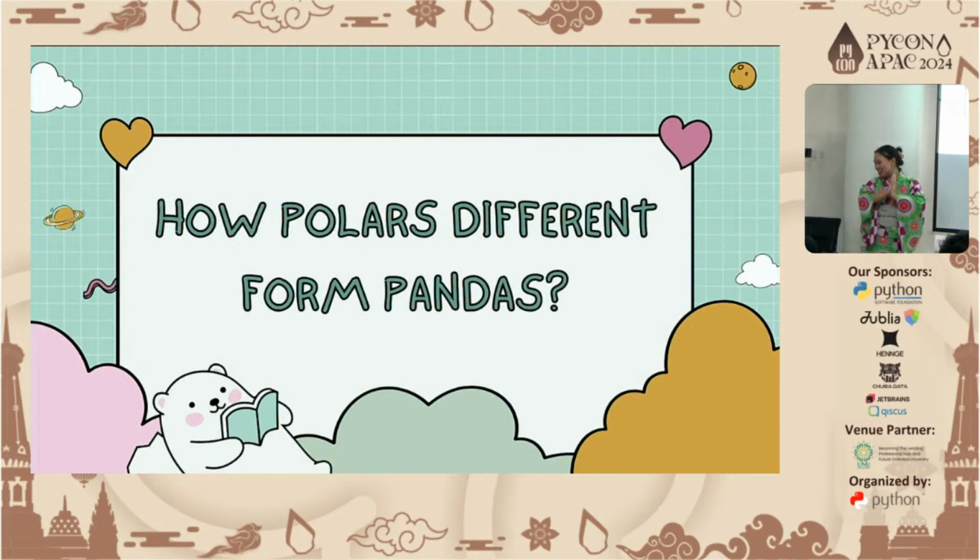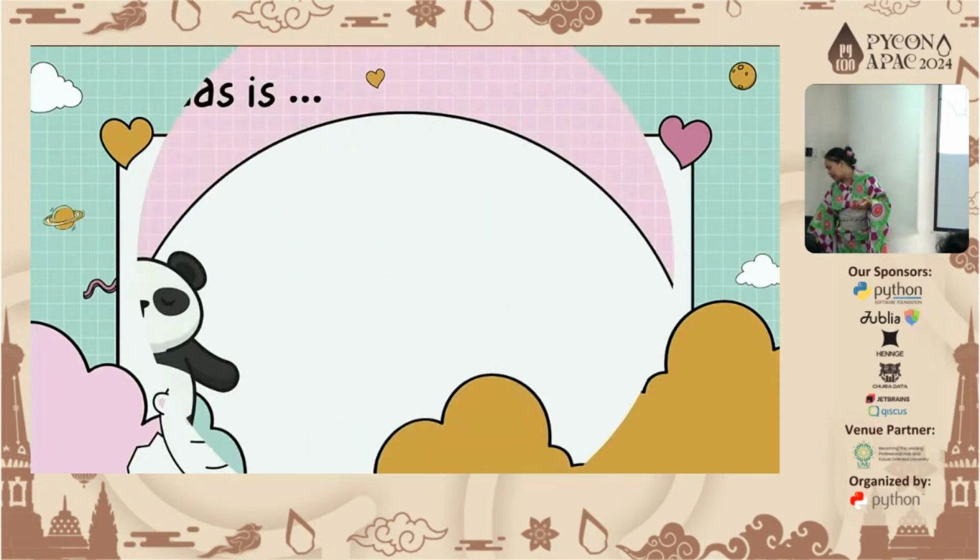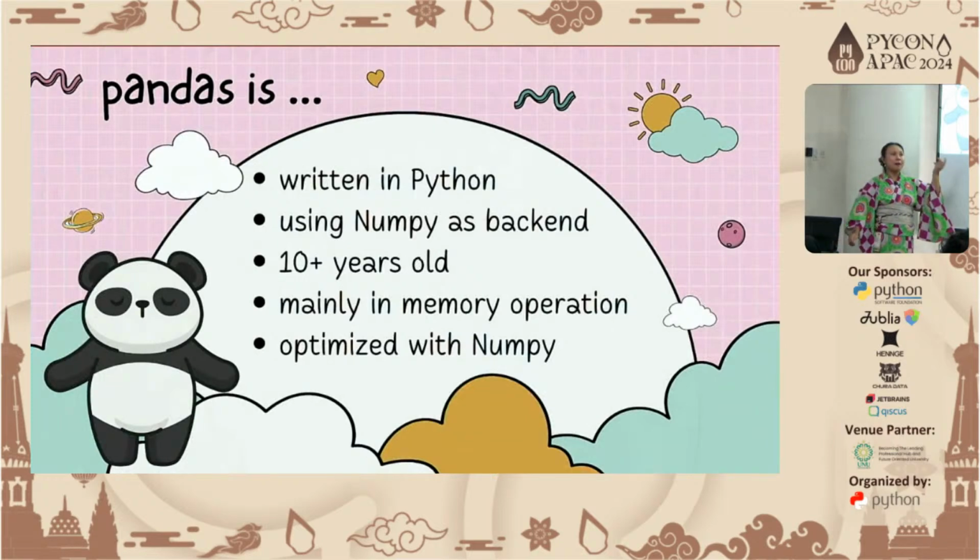Congratulations. Now we've got to summarize what's the difference between pandas and Polars. We already mentioned a little bit of it when we did the fun fact checking, but let's have a more detailed look. So first of all, pandas is written in Python mainly, but if you look into the source code of pandas, it uses NumPy as a backend.